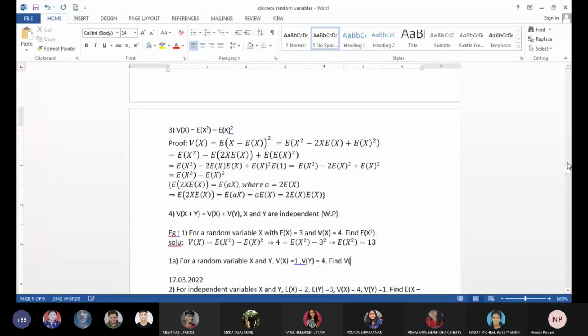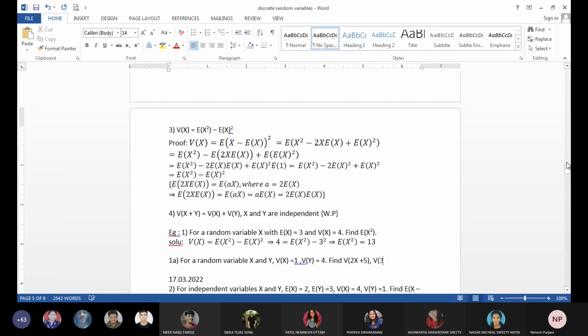Find variance of 2x plus 5, and variance of 3y minus x.